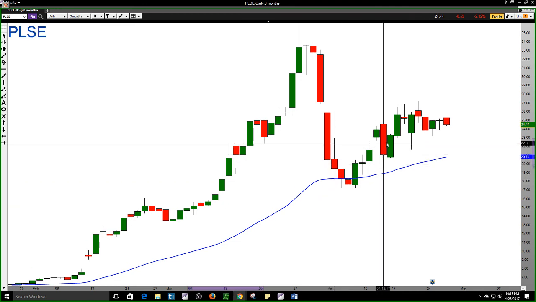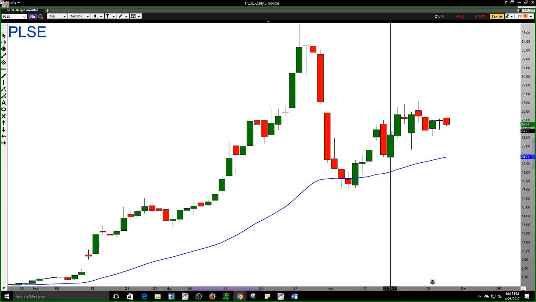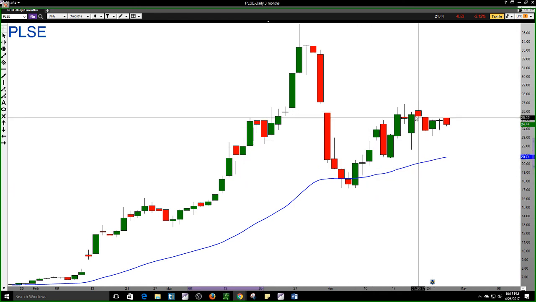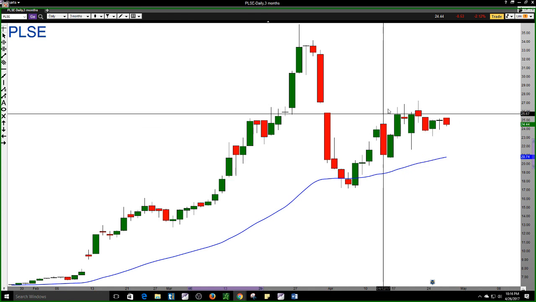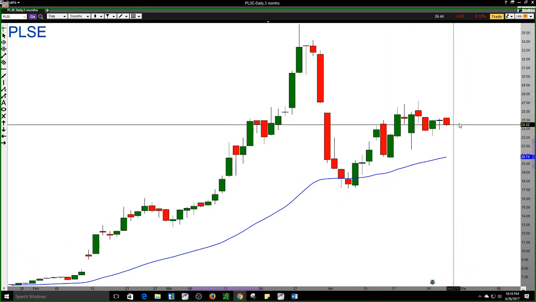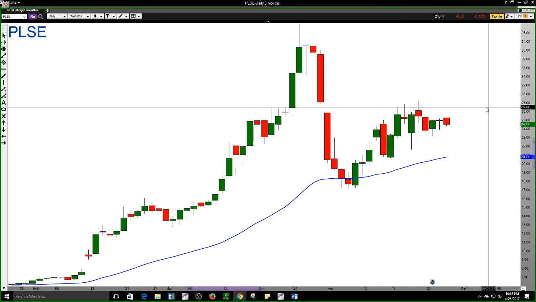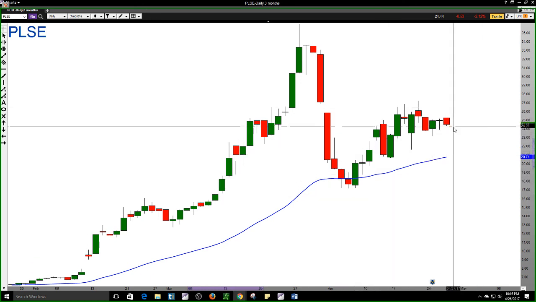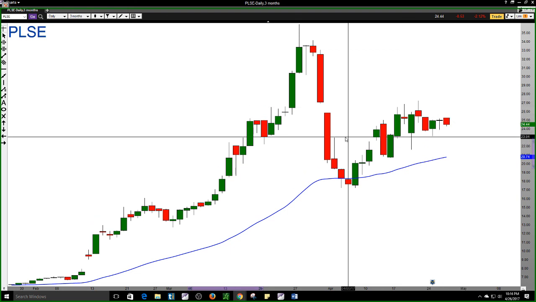I sold half of it at $24, and I'm still in here. On PLSE, I want to see if it consolidates right here into this range, and if it stays above the obvious, limited uptrend that it's holding right now. As long as it can stay above this little uptrend, I'm gonna keep it.